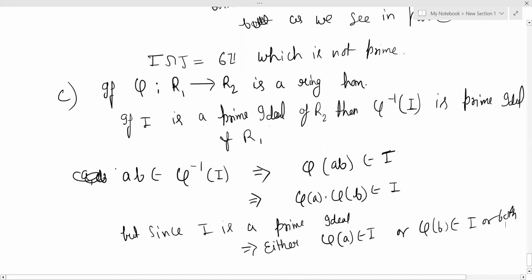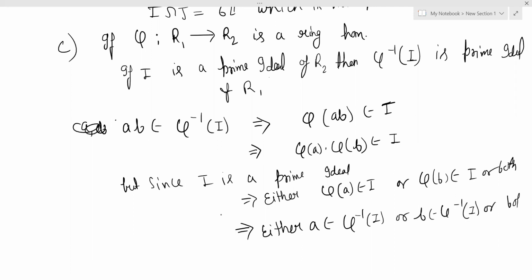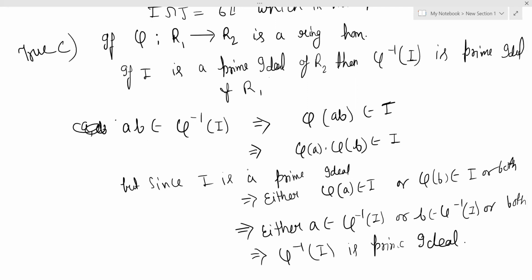So either A belongs to phi inverse I or B belongs to phi inverse I. This implies phi inverse I is a prime ideal. So we are done, and this statement is true.